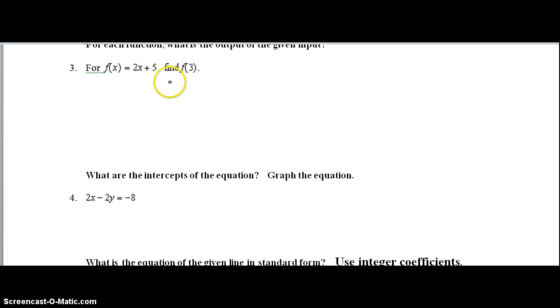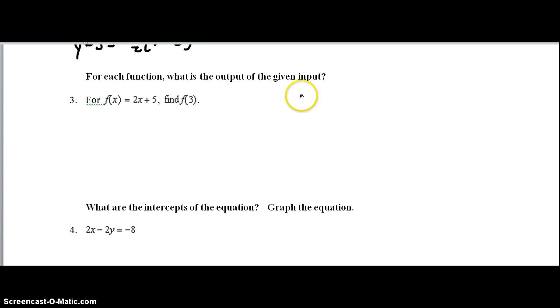Next one, it says for each function, what is the output of the given input? Well, remember, this is just function notation here. That's why they gave you a funky looking f. It's just the notation. Function notation. This is not f times x. This is how we write it.